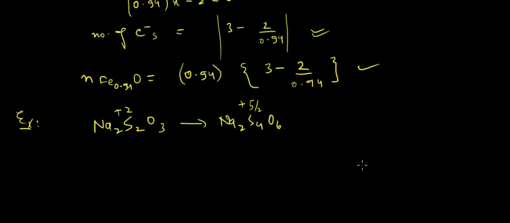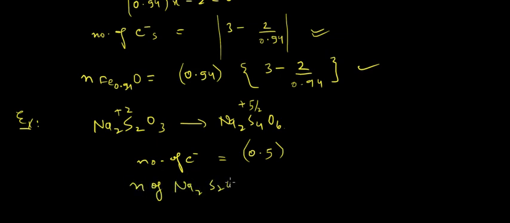So the number of electrons released by S would be 0.5, and how many moles of S are there? 2. So the n factor of Na2S2O3 would be the number of electrons released into the number of moles of S. So the n factor would be 1.